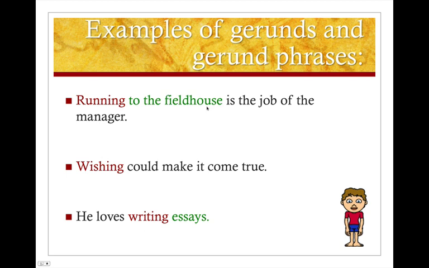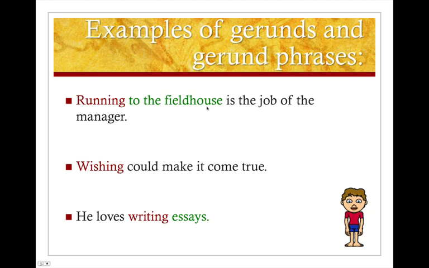And the third sentence, he loves writing essays. Essays is in green because that is the object of writing. Because Jerry Gerund is part of a verbal form, he can have objects, and here, essays, the thing that is written.